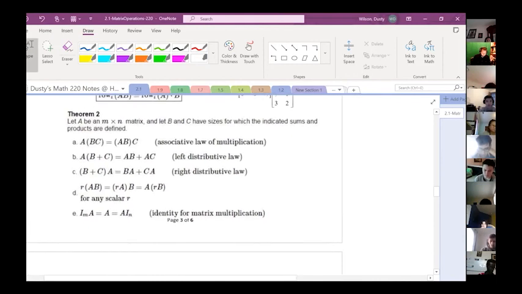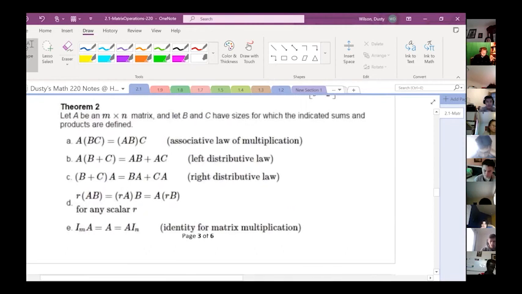Here's our next theorem. You'll notice that some things work really nicely. Associativity works, so you can associate the second two or the first two. You'll notice in the next couple of lines, here and here, you have a left distributive law and a right distributive law, and the order matters.